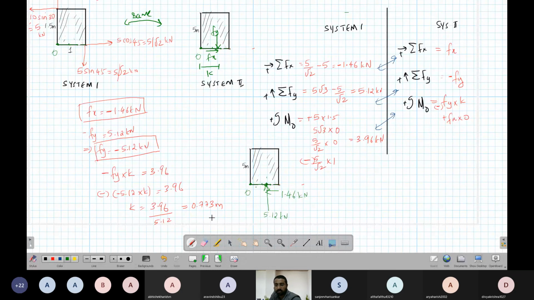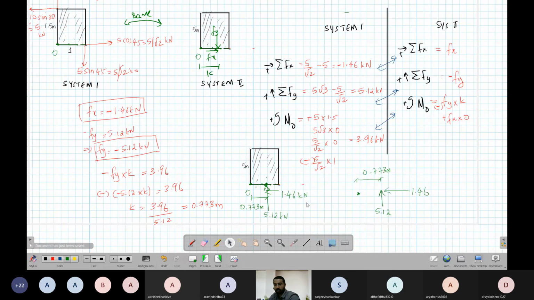And this distance is 0.773 meters. So there is a force upward 5.12 and a force rightward 1.46, with a distance of 0.773 meters between them. Now the resultant of these two forces will be the next task.